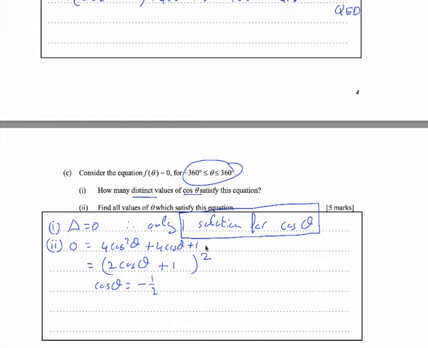So rotation forward a full circle, rotation backwards a full circle. All right, cosine minus a half, so I'm looking at the second or third quadrant. Cosine of a half is equivalent to, let's have a look, 60 degrees, right? Yes. So okay, good. Let's do forwards first.